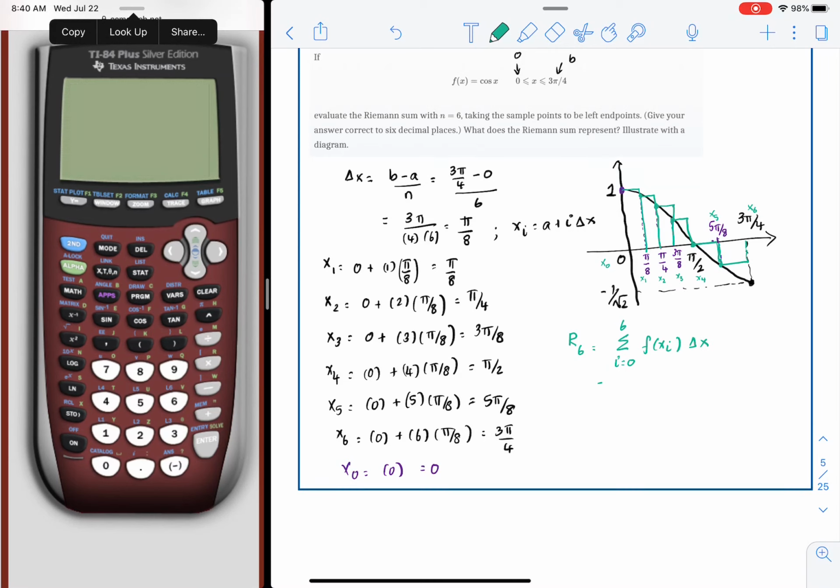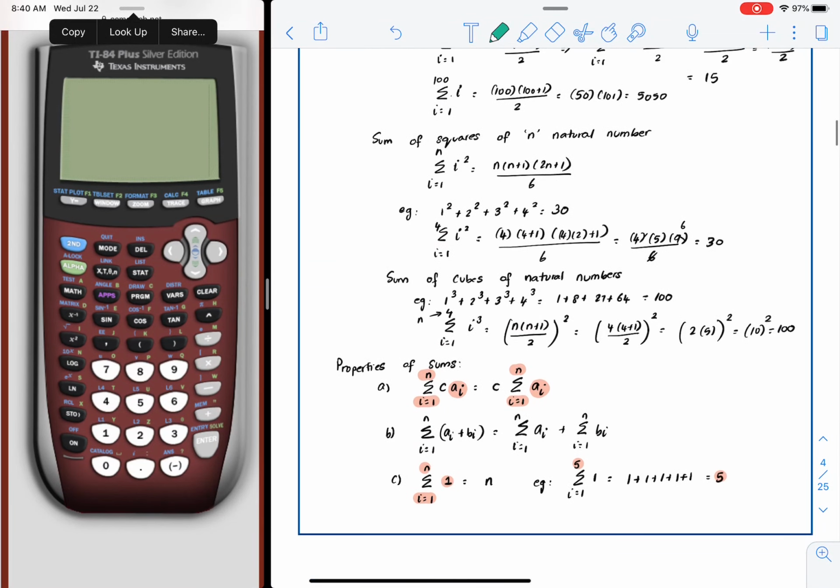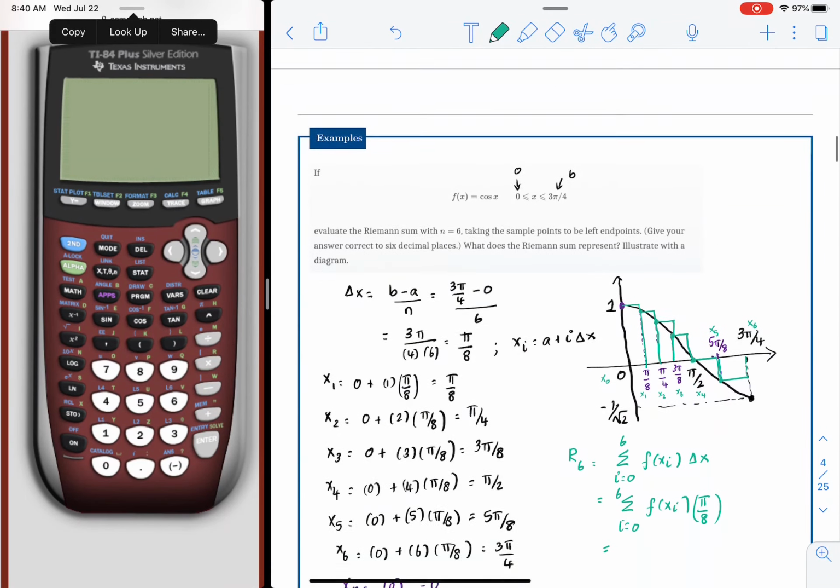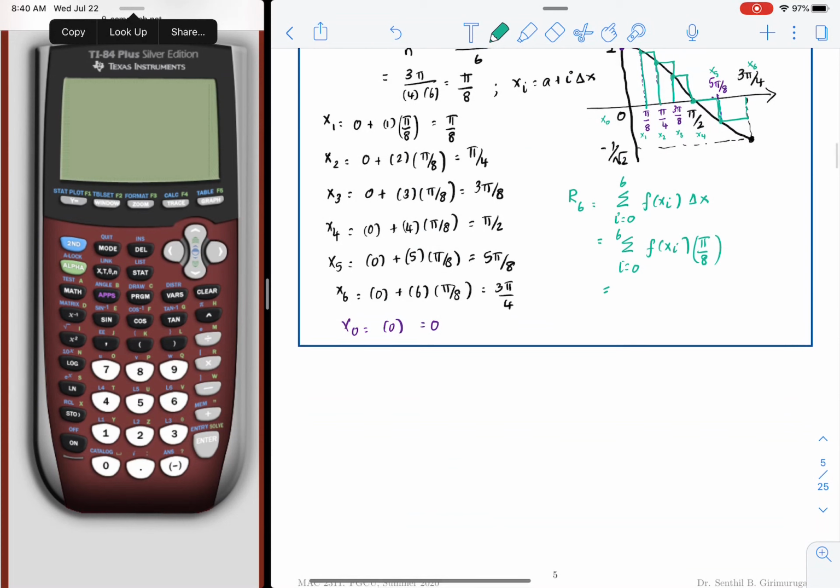Delta x is constant in this problem, which is pi over 8. So sum i equals 0 to 6, f of xi times pi over 8, and we know that pi over 8 is a constant, and based on the properties, if we have a constant inside the sum, we can pull that constant out. So we have pi over 8 times the sum i equals 0 to 6 of f of xi.